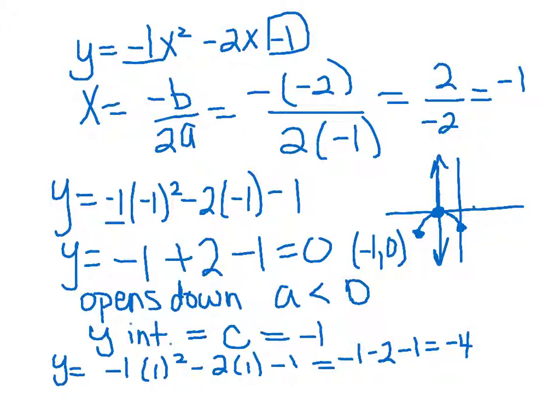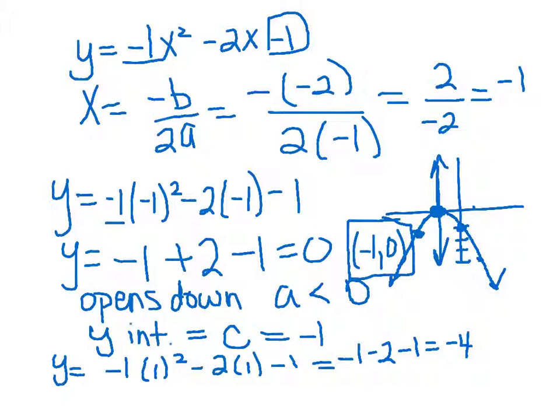So if x is positive 1, y is negative 4. So we're going to go this way and then that way. It has a maximum point. The vertex is at its maximum. And so if they ever ask you for the maximum point of this graph, you're just looking for the vertex again.